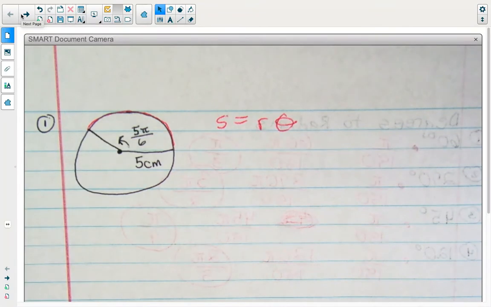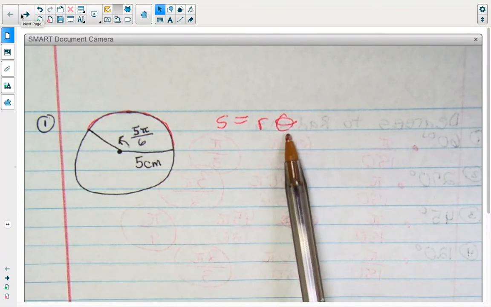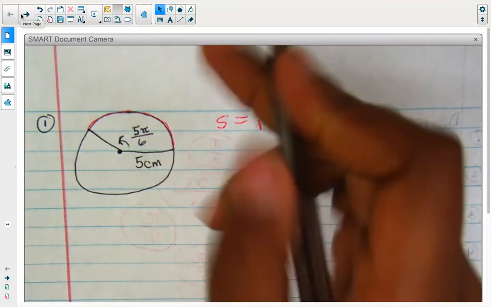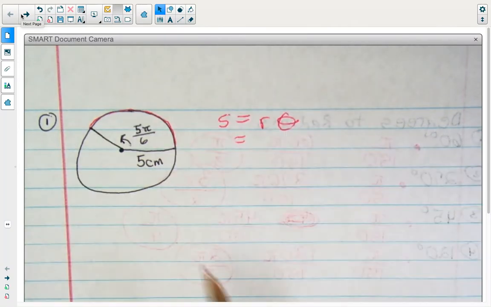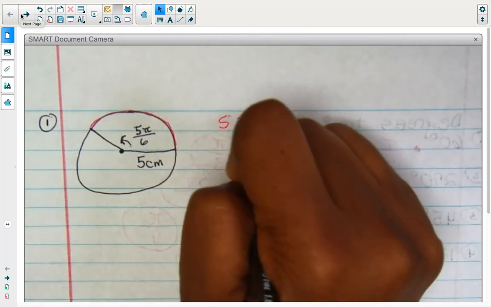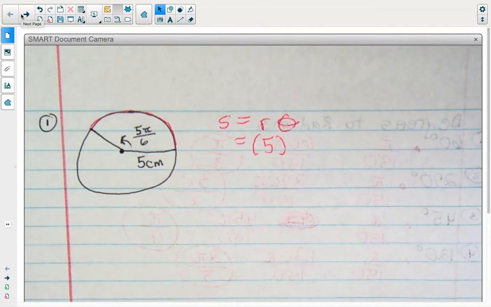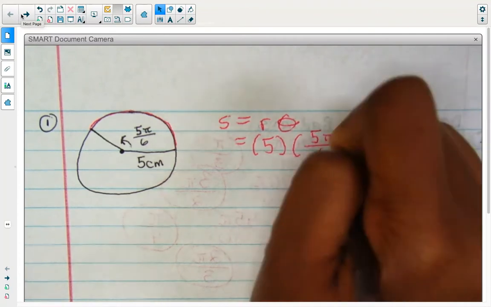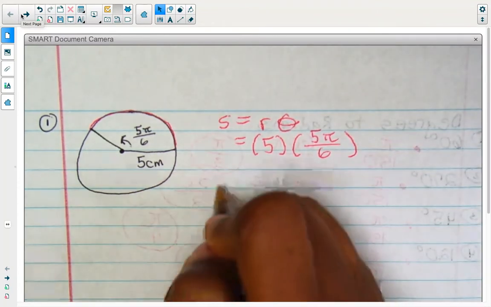We need to know what our angle measure is in radians, and we need to know what my radius is. So in this particular problem, it's just a matter of substituting my numbers in. We know that 5 is the radius, and theta has to be measured in radians. It's 5 pi over 6.